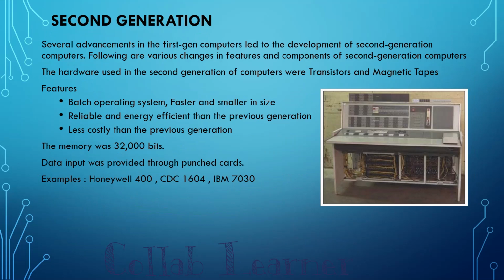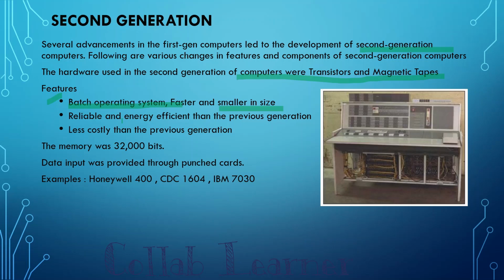So let's have a look at the second generation. Several advancements in the first generation led to the development of second generation computers. Its main features were that it used hardware technology like transistors and magnetic tapes. Let's look at some of the features. It used batch operating system. It was much faster and smaller in size. It was reliable and energy efficient. As it was smaller, it used less energy.